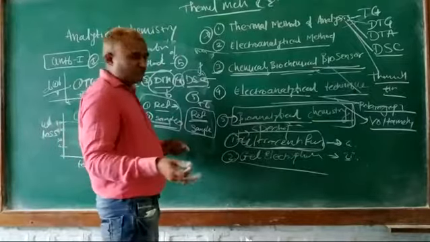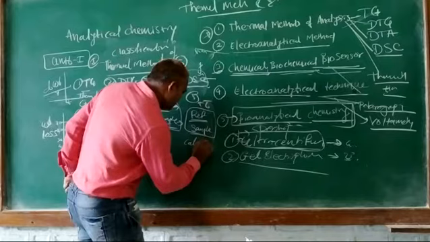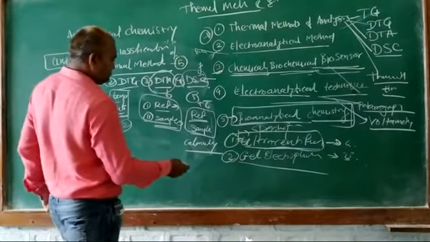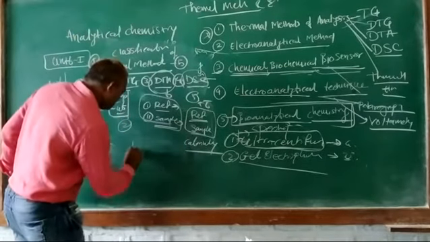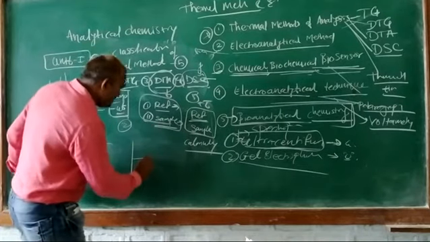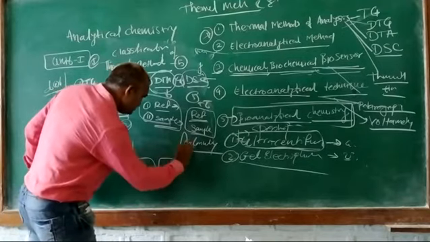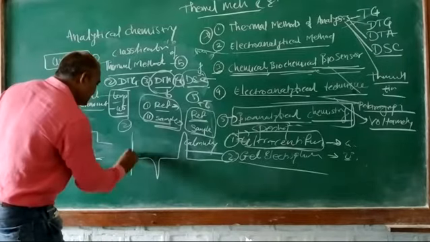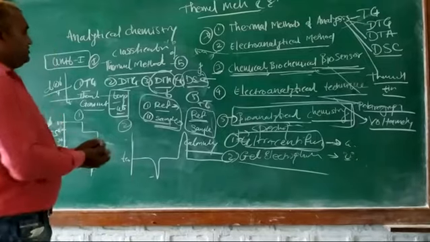DSC is the advanced instrument; the principles are the same as DTA, but in DSC we use calorimetry, and small heat changes are recorded. In the DTA graph, we see the sample temperature against the reference temperature.